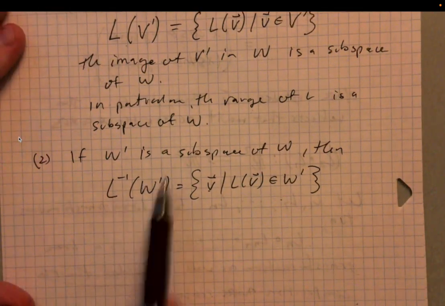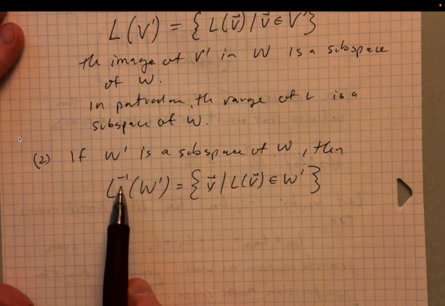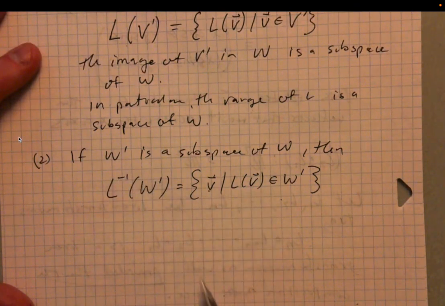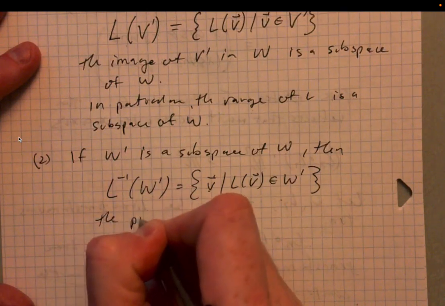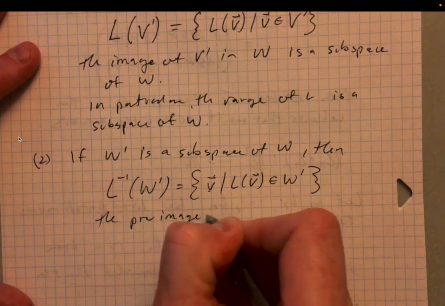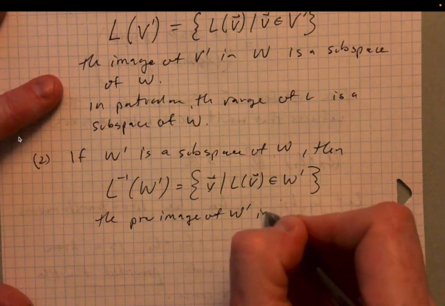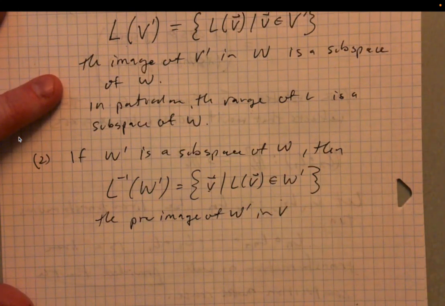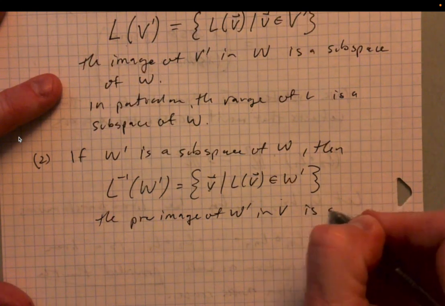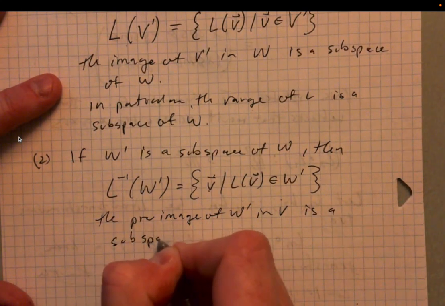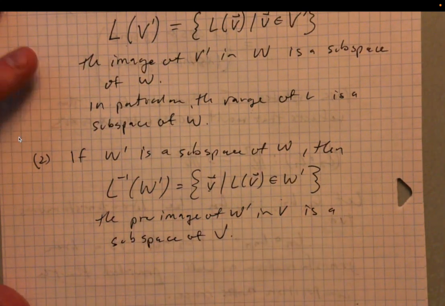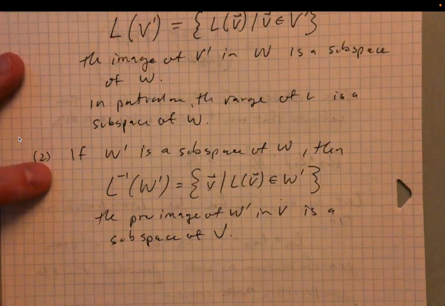So what would we call this? This is the pre-image of W prime in V. So this is a subspace of V. Right?